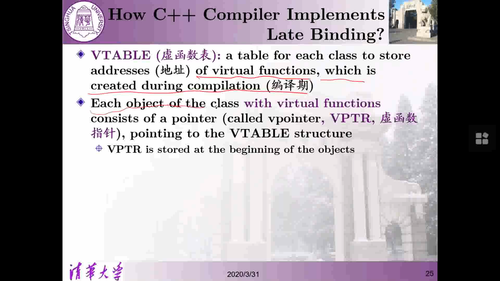So each object of the class with a virtual function consists of a pointer called vptr or vpointer, pointing to the vtable structure. And the vpointer is stored at the beginning of the objects.